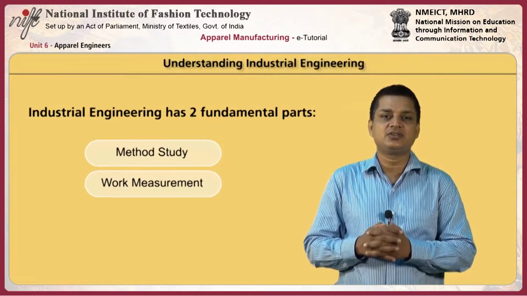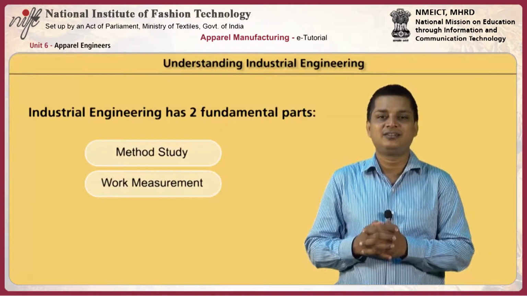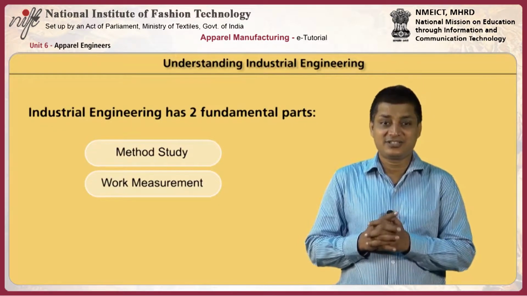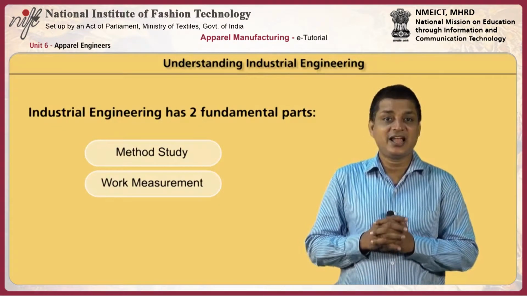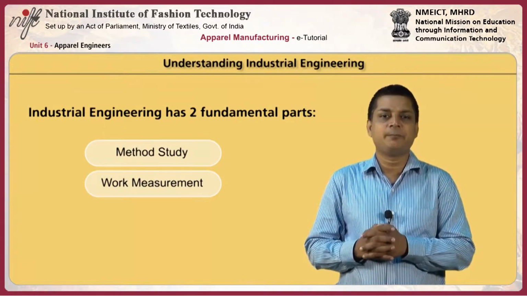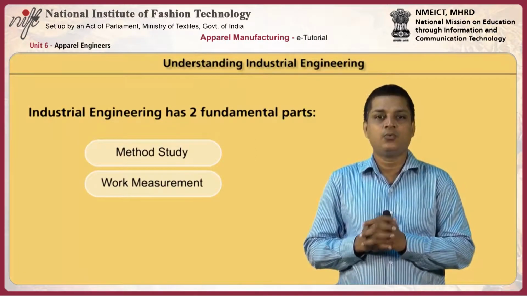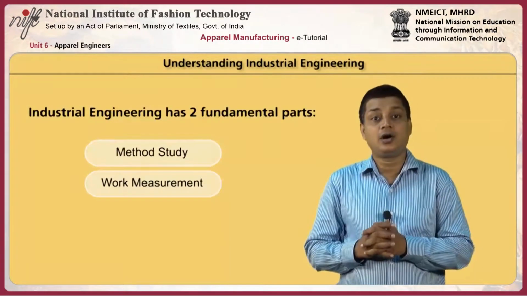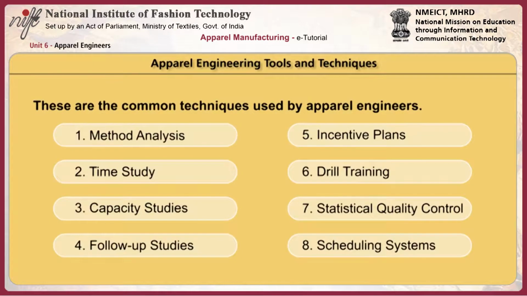Industrial engineering, which is often substituted by the term work study, has two fundamental parts. First is method study and second is work measurement. In this unit, we will cover method study first and then work measurement: the how-to and then the how long. Probably the two most common tools used by an apparel engineer are a stopwatch and a calculator.